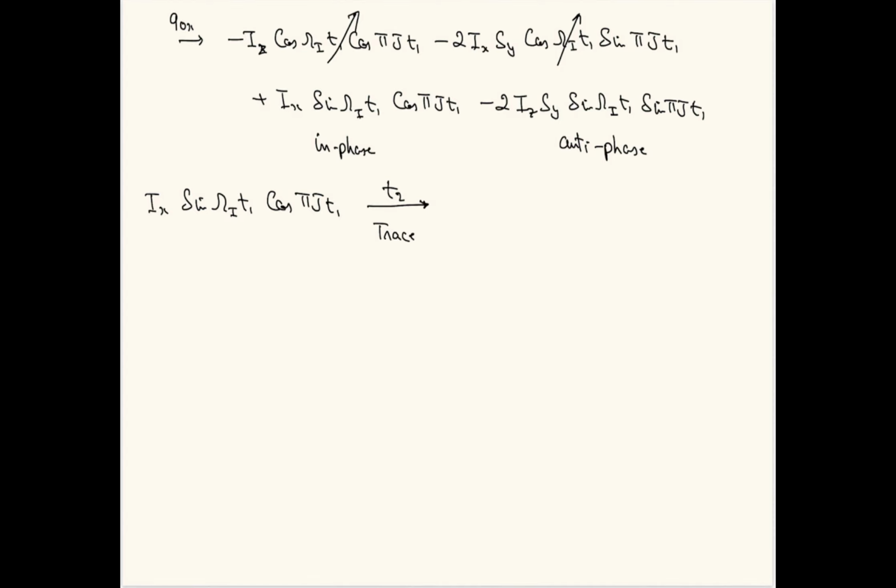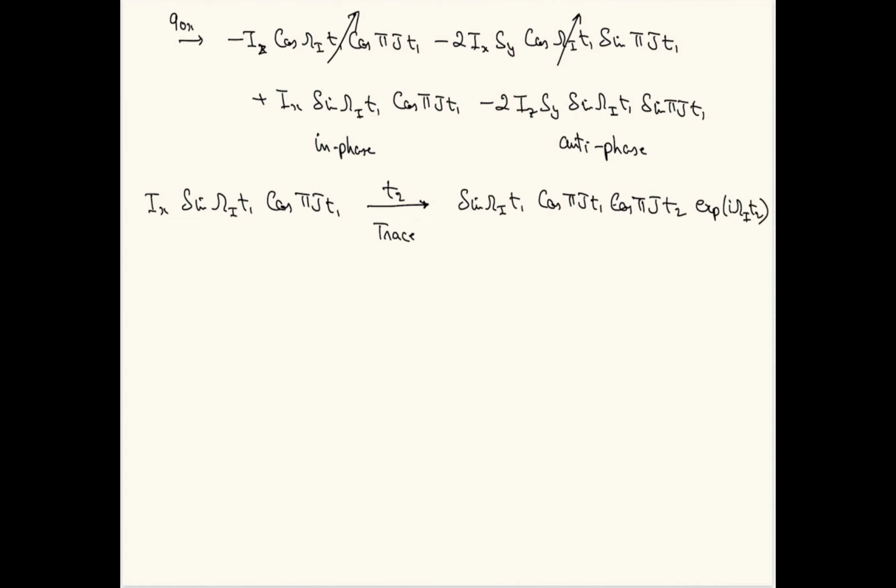So the trace after evolution gives you sine omega I t1 cos pi J t1, which is coming from here, and then cos pi J t2 and exponential i omega I t2.